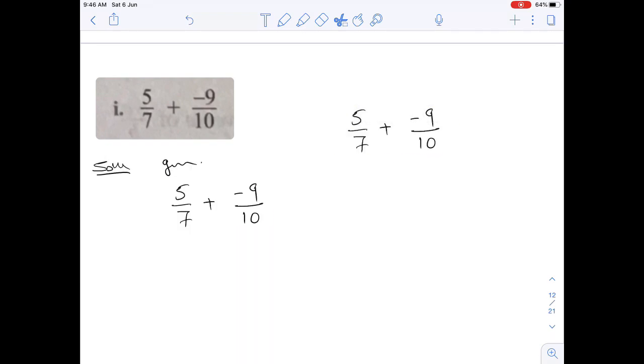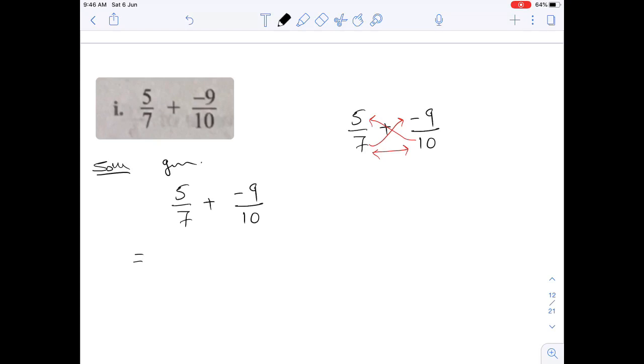So what we are going to do is multiply first this 10 with this 5, then 7 with this minus 9, and 7 and 10 with each other. Let us solve it.